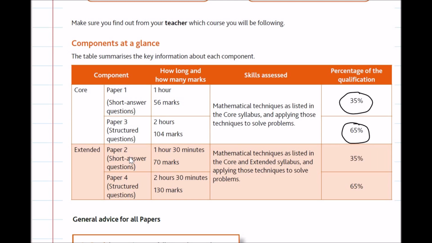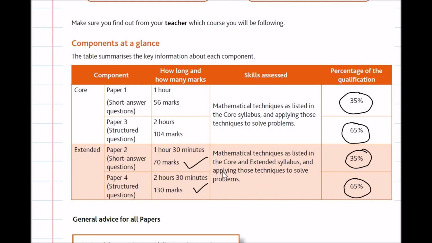Extended paper 2: 1 hour 30 minutes, 70 marks. Paper 4: 2 hours 30 minutes, 130 marks. Weightage for paper 2 is 35%, and for paper 4 is 65%.